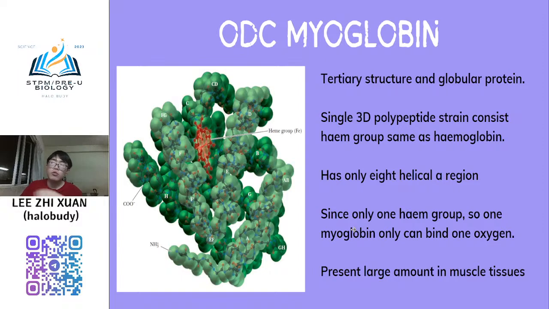Compared to hemoglobin, 1 hemoglobin can bind 4 oxygen, but myoglobin can only bind 1 oxygen.